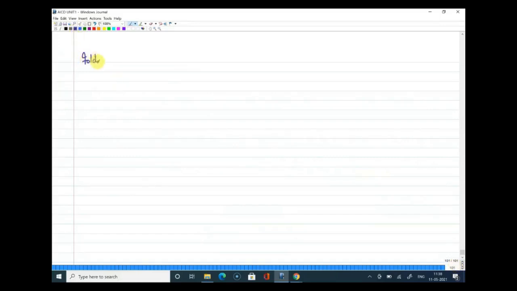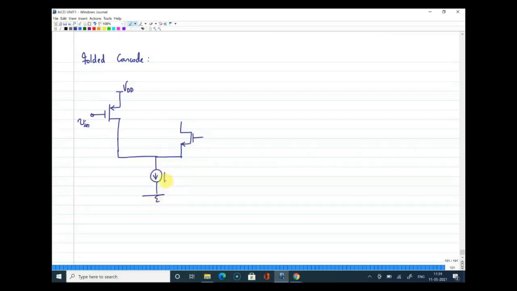I'm just giving you a folded cascode structure. We know the regular folded cascode we have seen in the last class. Say, for example, I'm starting with a PMOS input device, V in, and this is the NMOS cascode for this, and we know that here we should connect a current source I1.